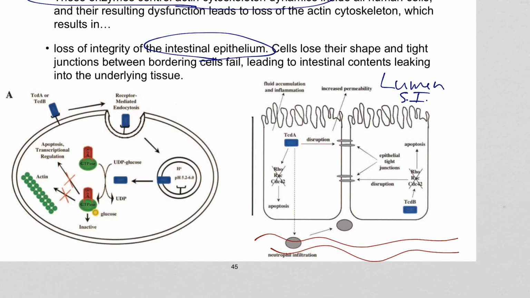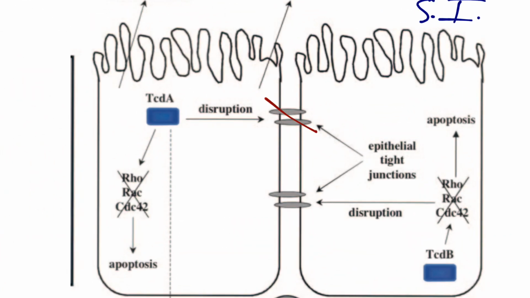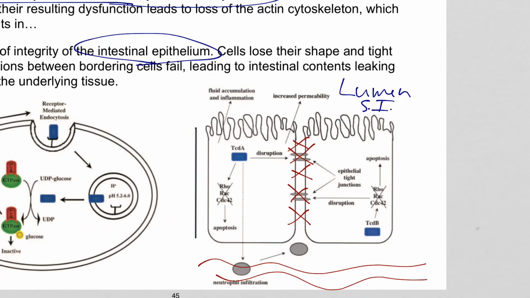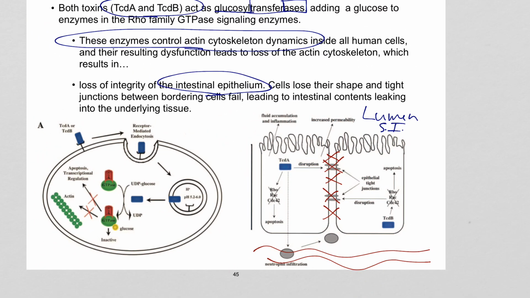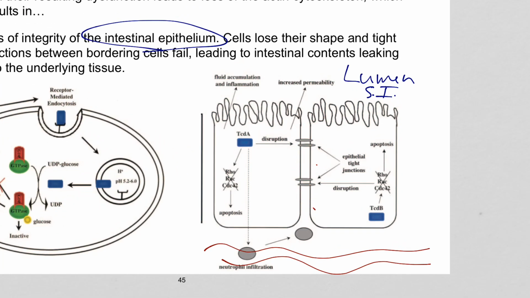And in order for the intestine to keep its integrity, these epithelial cells have to be linked together very tightly by cellular junctions. And when the actin cytoskeleton inside those cells falls apart, you start losing that connectivity.